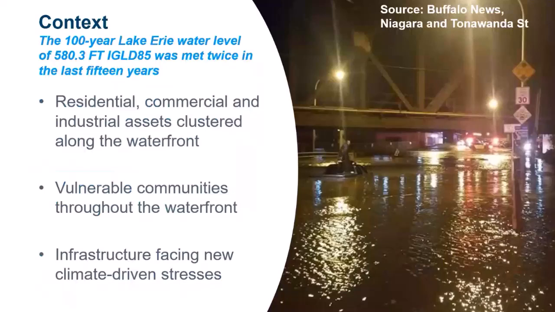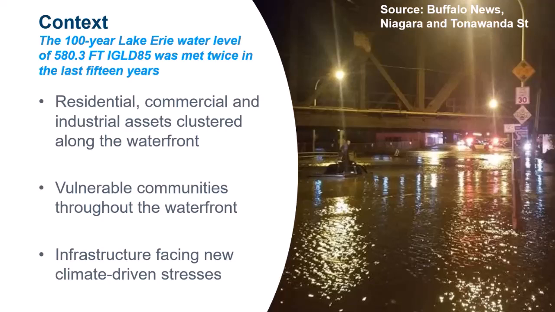And the context of it is essentially there is a lot of flood hazards currently occurring along the shoreline of Buffalo. The 100-year Lake Erie water level was met twice in the last 15 years. There's heavy commercial and residential development along the waterfront, which is vulnerable and has been prone to flooding, and specifically during seiching or lake surge events.